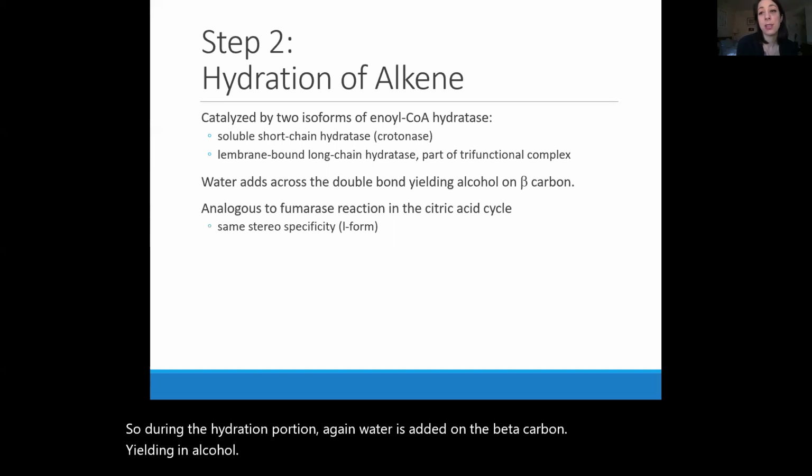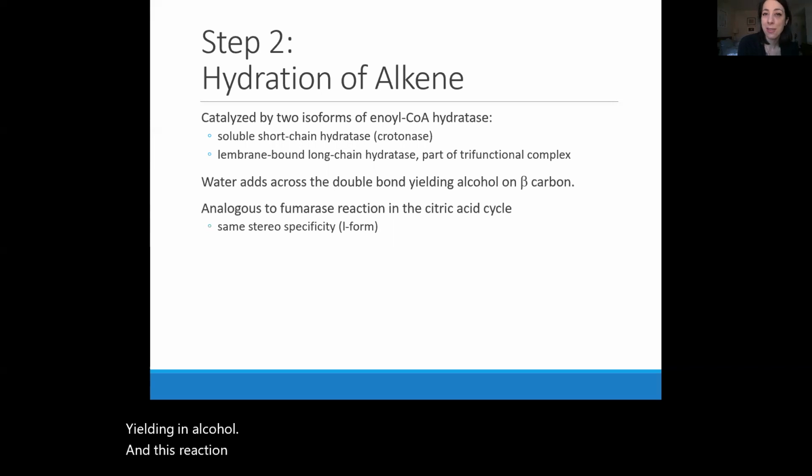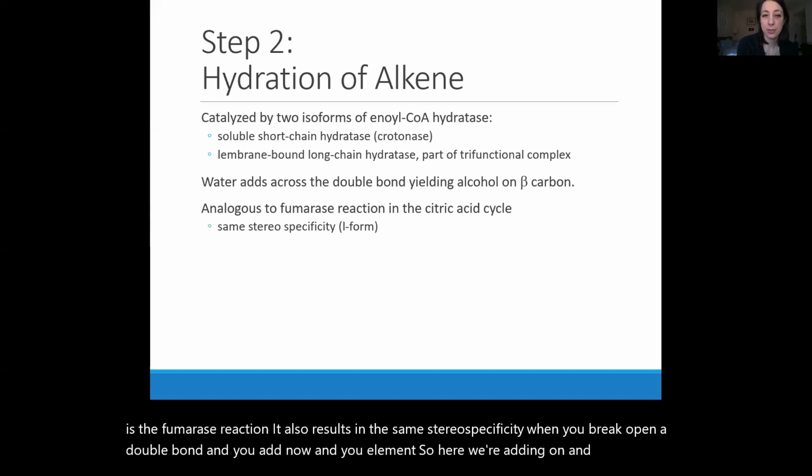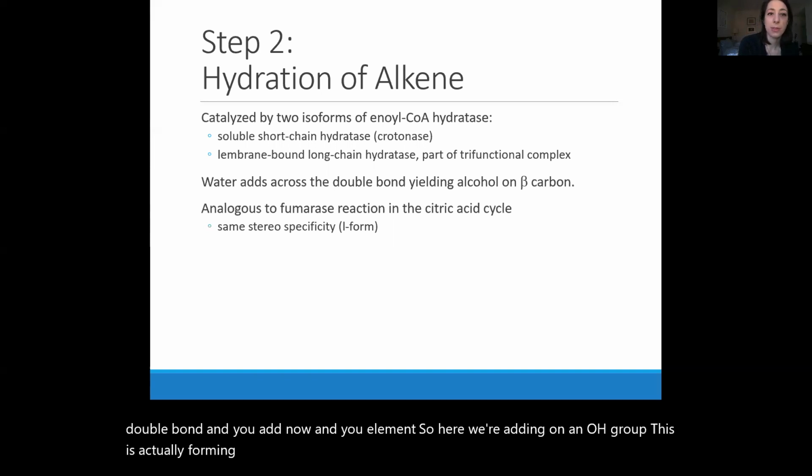And this reaction is analogous to another reaction we've seen in the citric acid cycle, the fumarase reaction. It also results in the same stereospecificity. When you break open a double bond and add a new element, so here we're adding an OH group, this is actually forming a chiral center briefly, and it is in the L form.